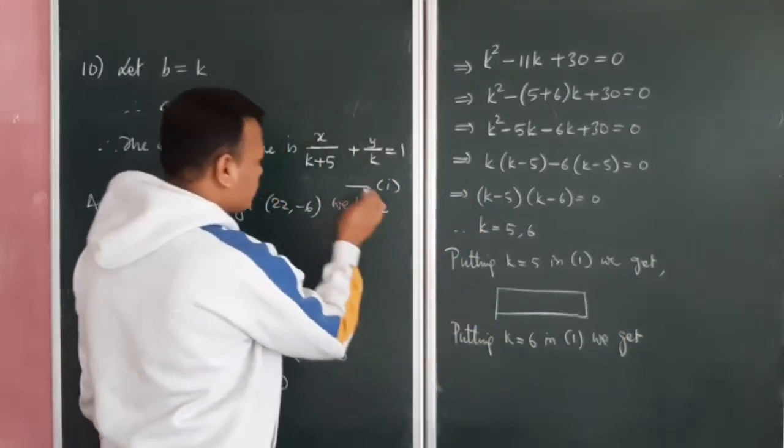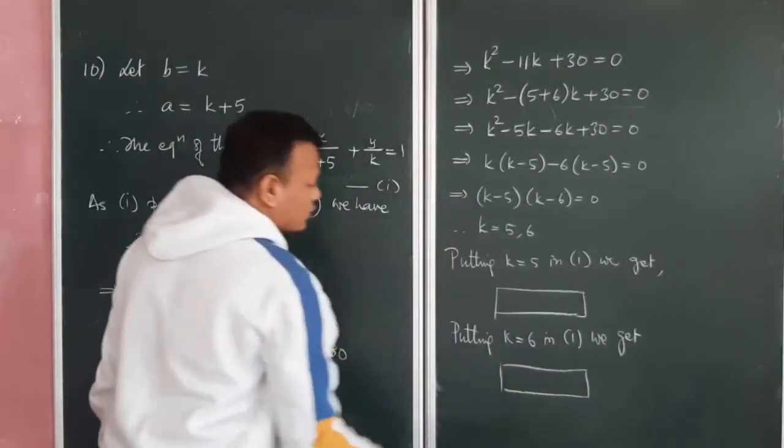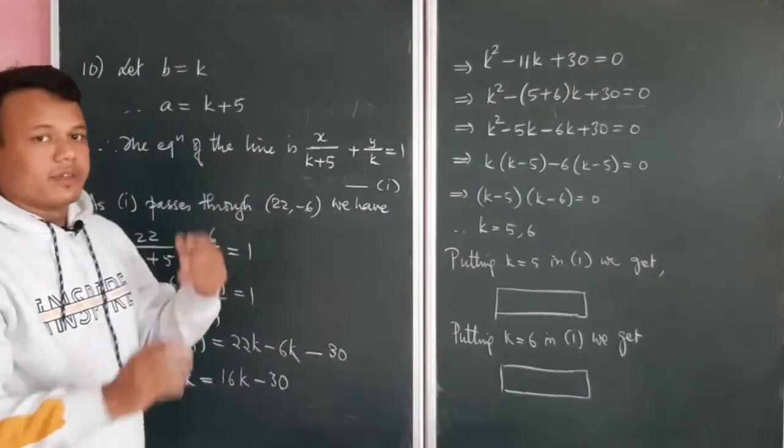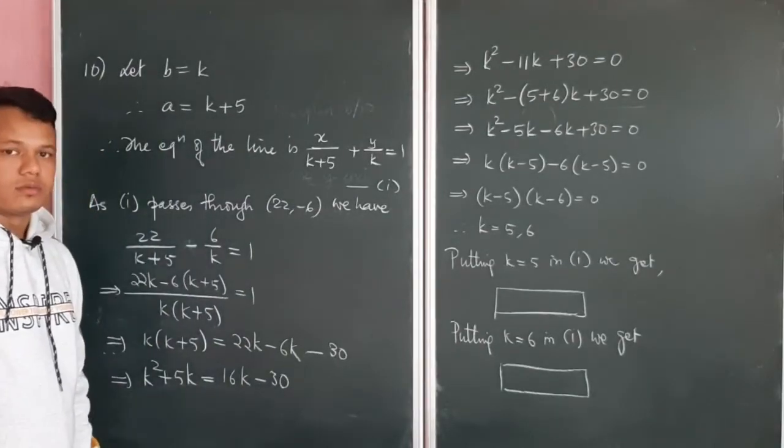That will be your second answer. So basically you are going to have two lines which follow the condition given in the question. You may pause the video to note down.